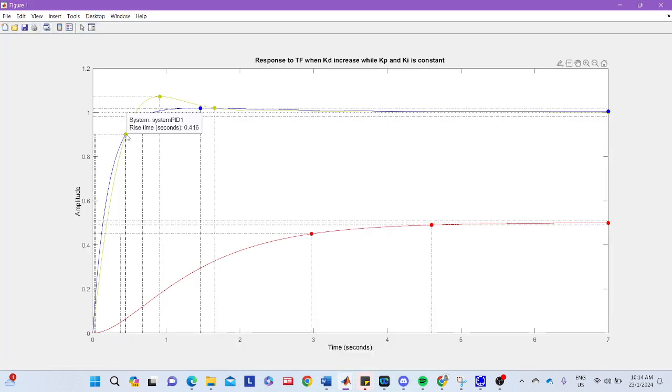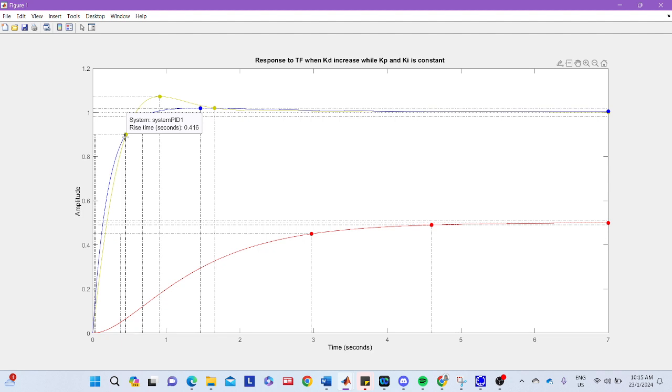Here we can see the rise time for system PID1.